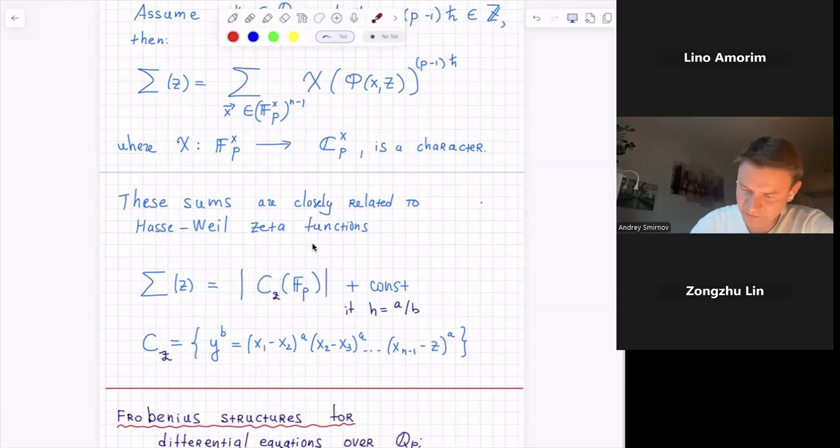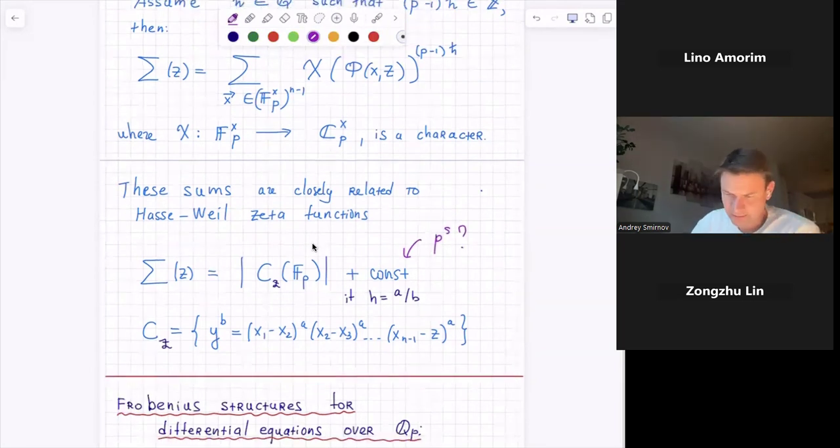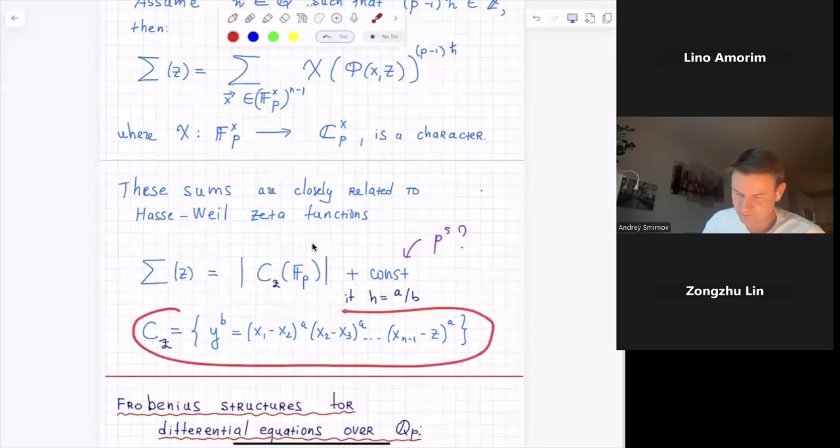This constant, I believe, is something like a power of p, like p to the power s or something like this. I don't remember. It's p to the s maybe. And this hypersurface is given by this equation.